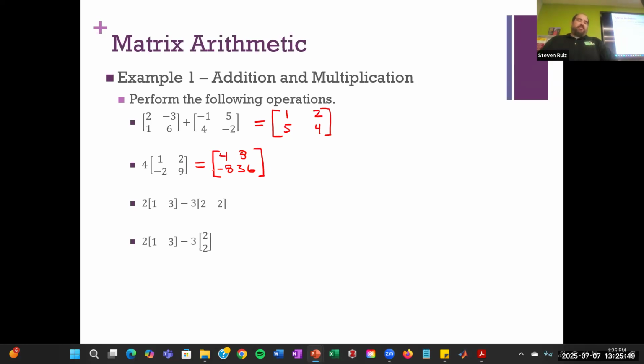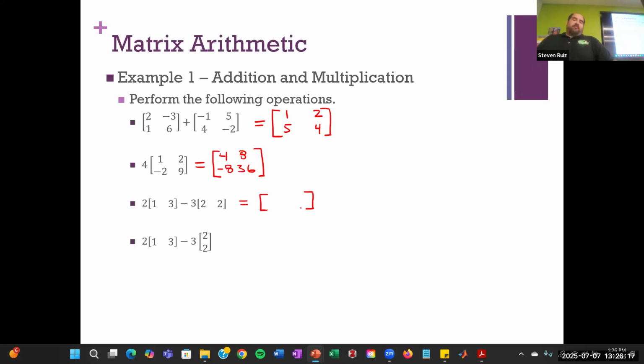Multiplying a number by a matrix makes a matrix. What's the result going to be here? A 1 by 2. Yeah, how big are the matrices involved in this? They're both 1 by 2s.